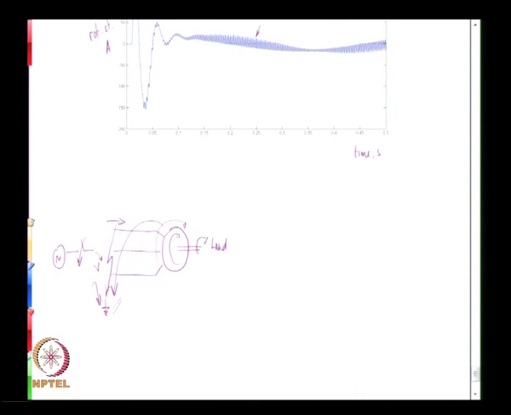Of course, as we have seen earlier, when we developed the induction machine model in the synchronous reference frame, one can take that further and see how the machine has to be controlled.